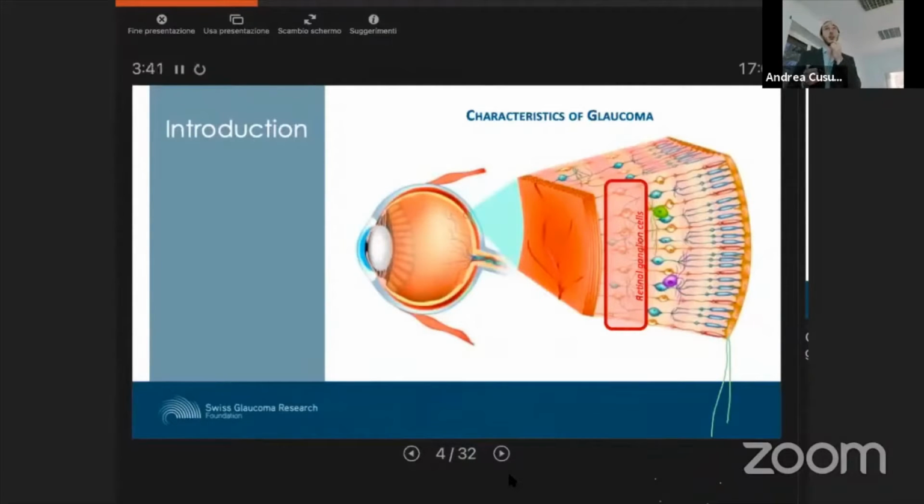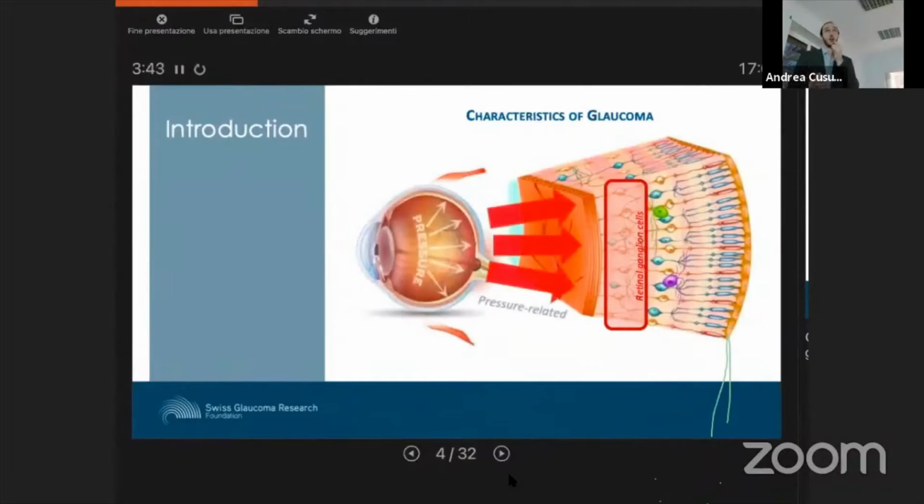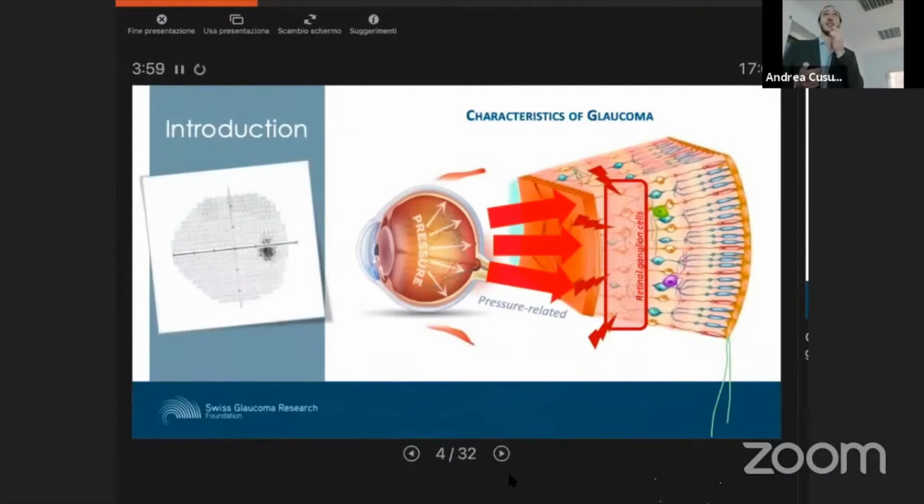In glaucoma, pressure is causing stress and damage to these retinal ganglion cells. Gradual damage and gradual stress on these cells is causing them to die prematurely. And as they die, they will cause visual loss.